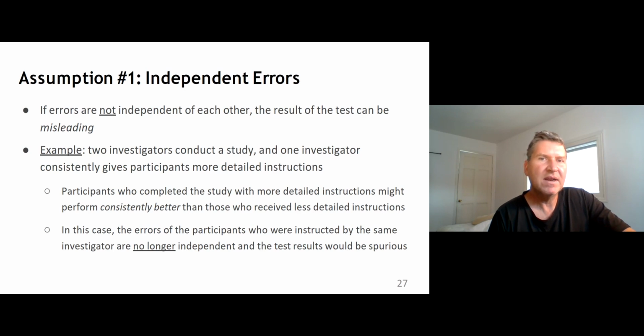So if one investigator gives more information than another in terms of instructions, or answers some questions, or gives some hints, then the participants that did it with the more detailed instruction might be consistently better. Now, if you remember, we talked about how this could happen with systematic error, and this is one example where it could occur. So the errors of the participants who were instructed by the same investigator are no longer independent, and we would not be able to say the test results are accurate.